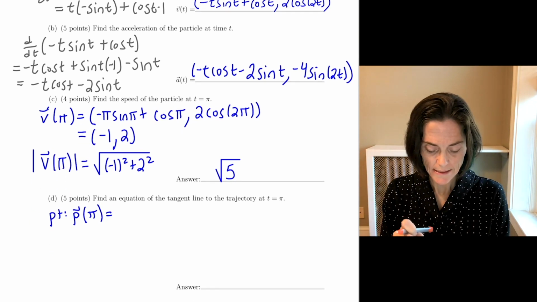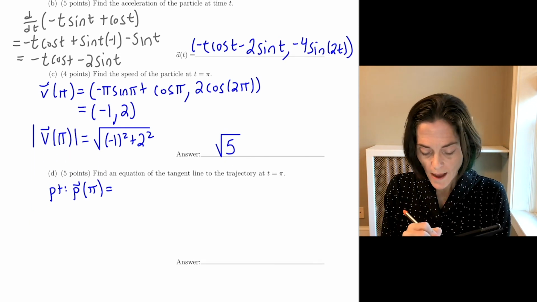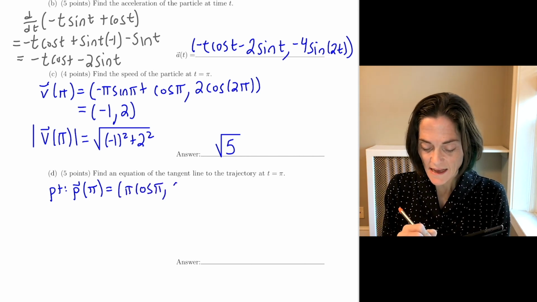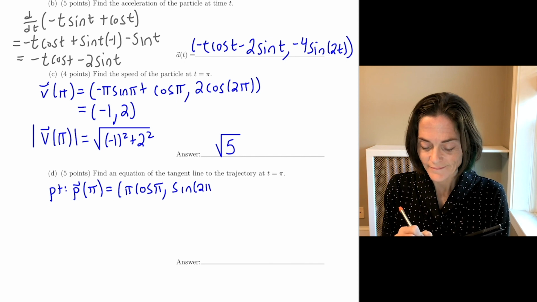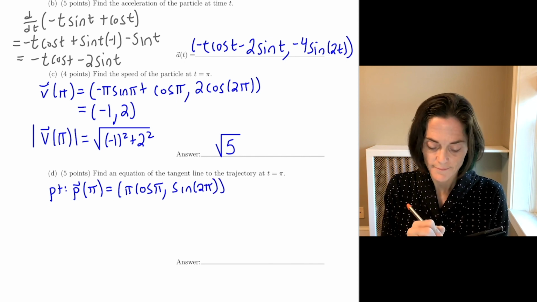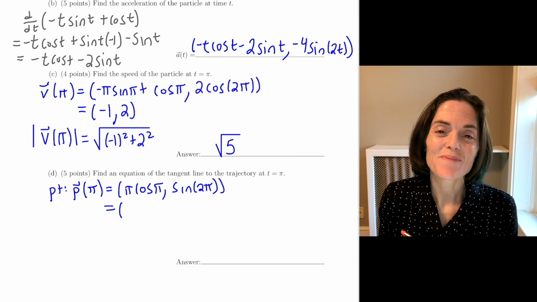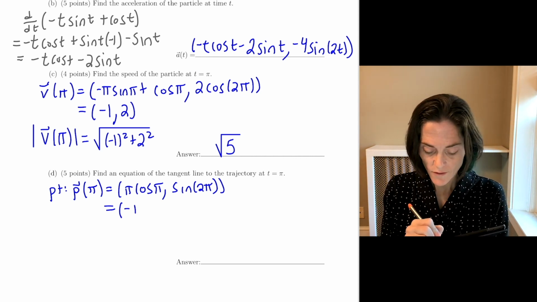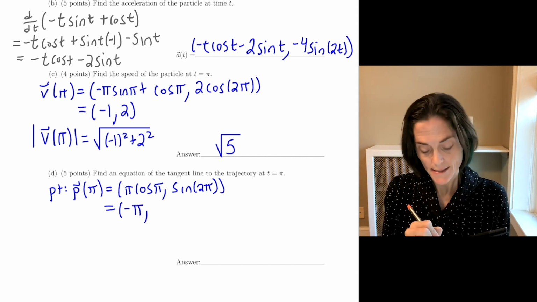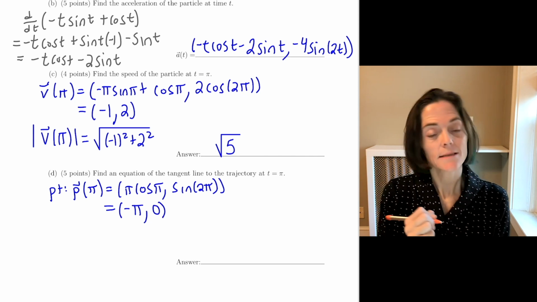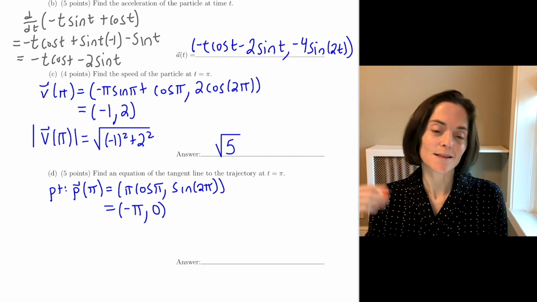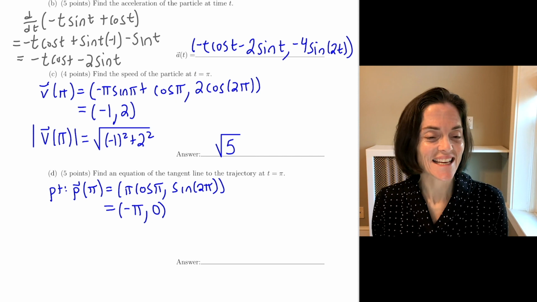So let's write this. We have pi cosine pi, comma, the sine of 2 pi. Cosine of pi is minus 1, so we have negative pi. Sine of 2 pi is 0. This is the point that is on my trajectory, also on my tangent line.